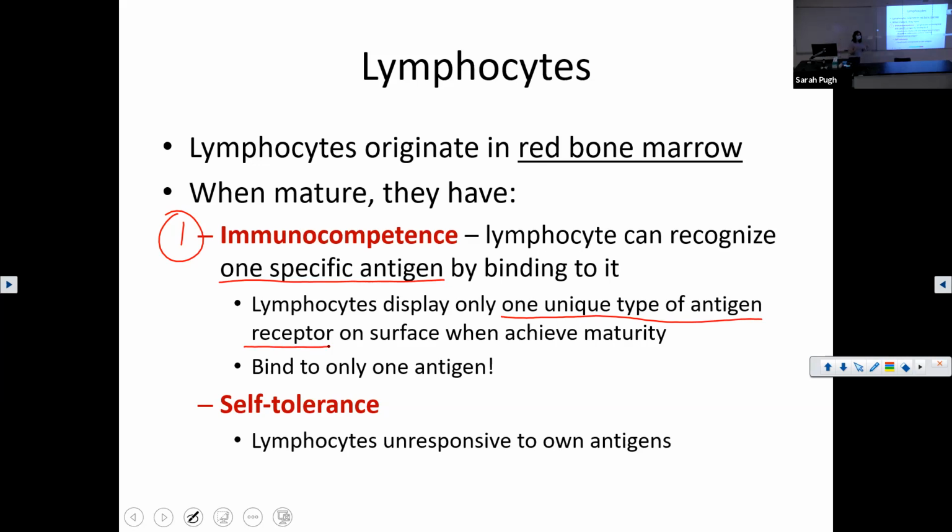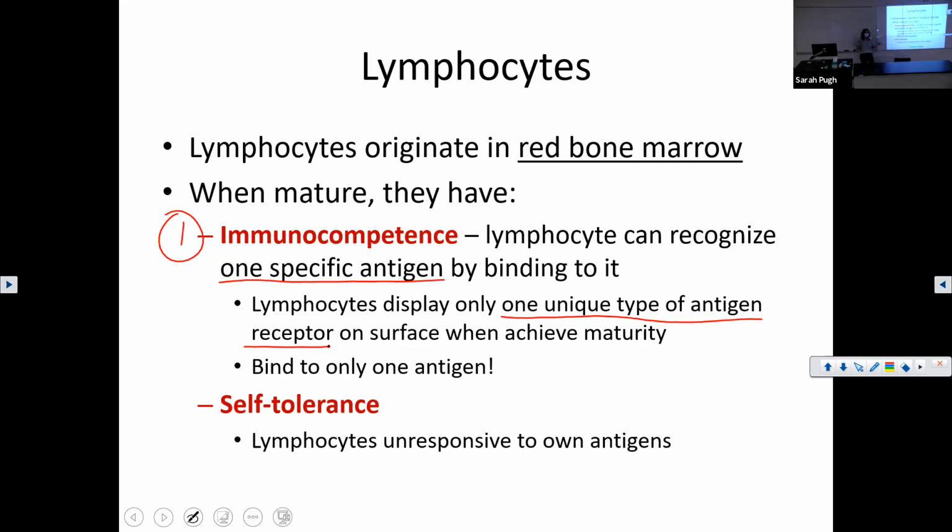That means that you have in your body billions of different kinds of lymphocytes, each one recognizing a different unique type of foreign antigen. This is why new emerging infectious diseases are so dangerous to humans, because we don't have lymphocytes that recognize new foreign antigens. We have lymphocytes that recognize ones that our ancestors have been infected with. That's how our body knows what to make.